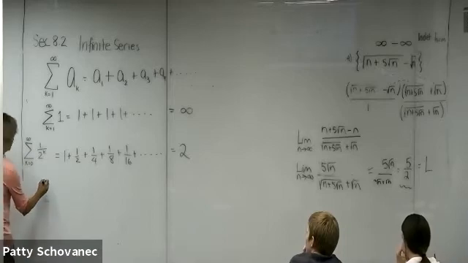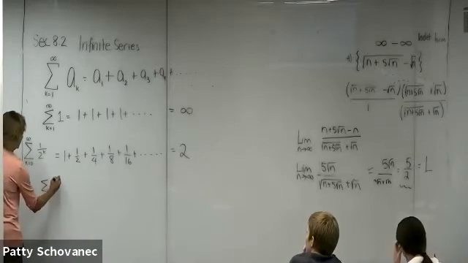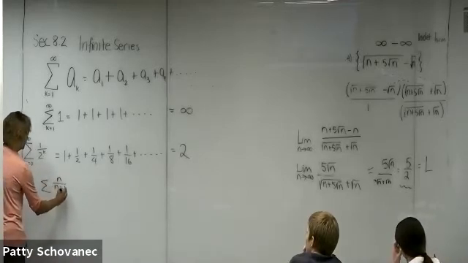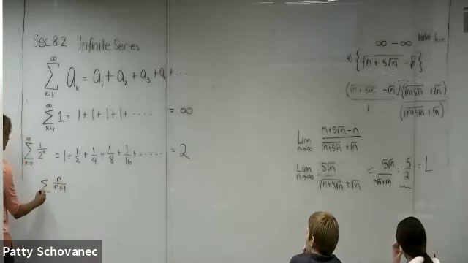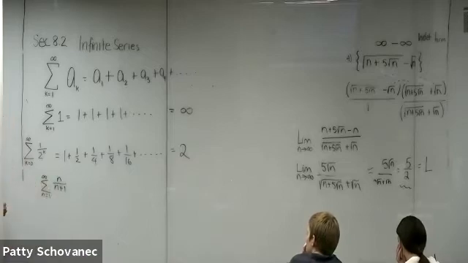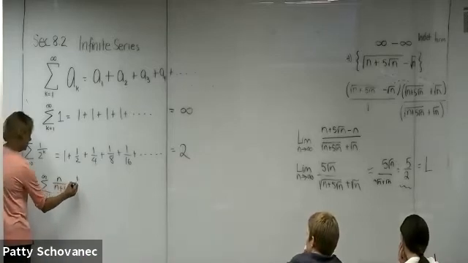Here's another series. This time, we'll go from n equal to 1 to infinity. So what numbers am I adding up here? 1/2, 1/3, 1/4.